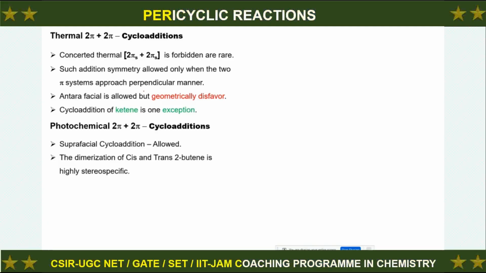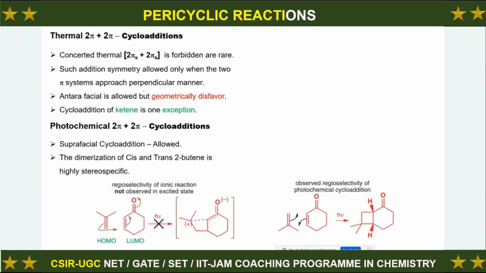In the photochemical one, suprafacial itself is allowed. The dimerization of cis and trans is also taken under photochemical conditions. Okay. So this one, the regioselectivity. When these two double bonds undergo 2 plus 2 cycloaddition under photochemical conditions, this product is not forming; only this product is forming. Why?